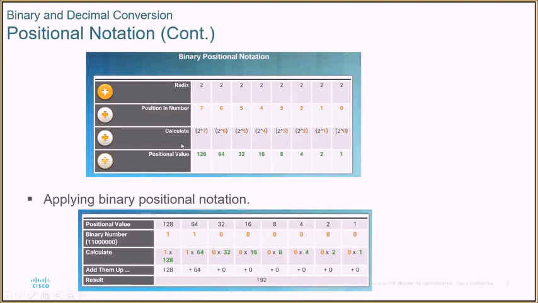Then we calculate the positional value by doing 2 to the power of the position number. 2 to the power of 0, anything to the power of 0 is 1. 2 to the power of 1 is itself, so it's 2, then 2 squared, 2 cubed, and so forth, up to 2 to the power of 4, 5, 6, 7.